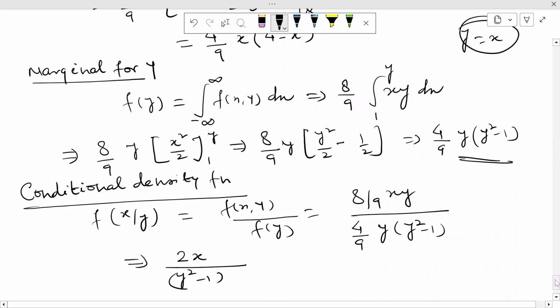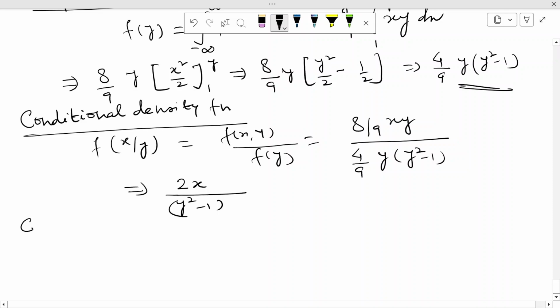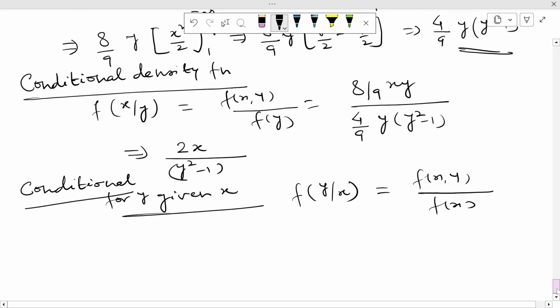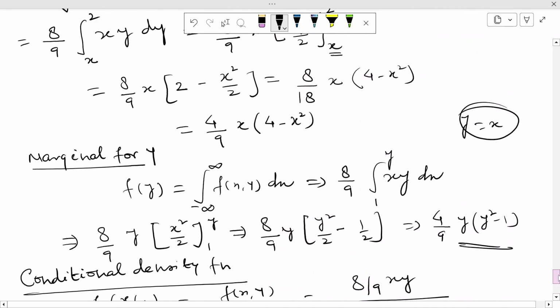Similarly, we can obtain the expression for the conditional density for y given x. So we can write this as f of y given x, and that will be fxy, which is our joint PDF, divided by fx, and this fx is the marginal for x, which we already obtained here.